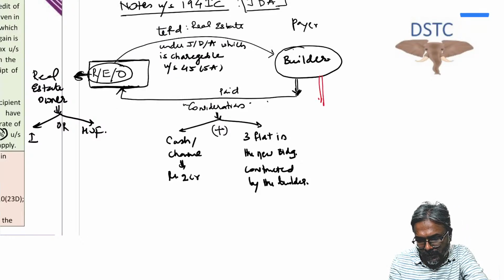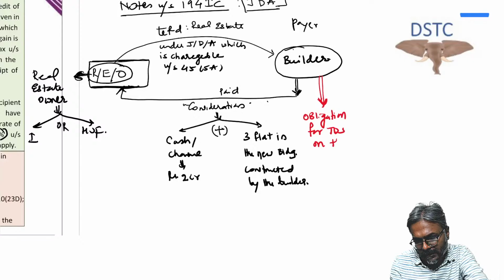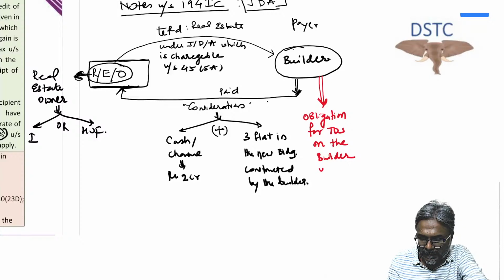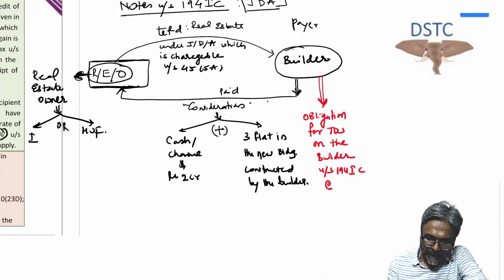Now students, the obligation for TDS is on the builder, under section 194IC at the rate of 10%.